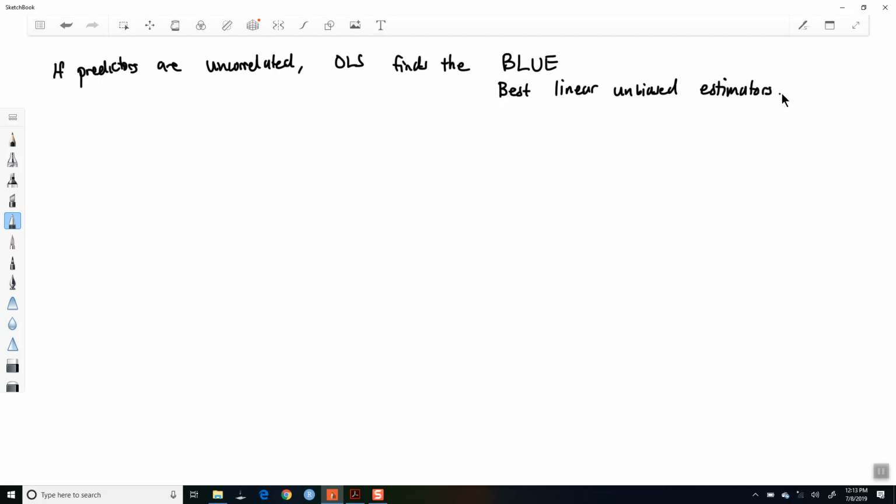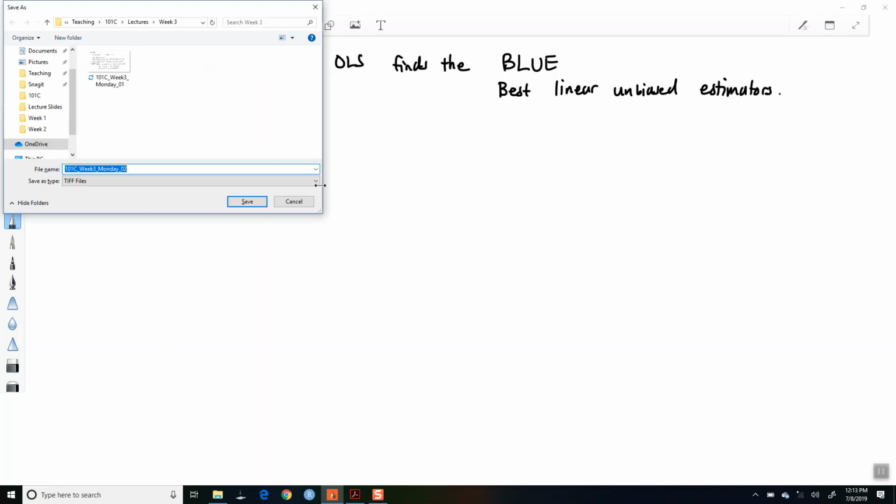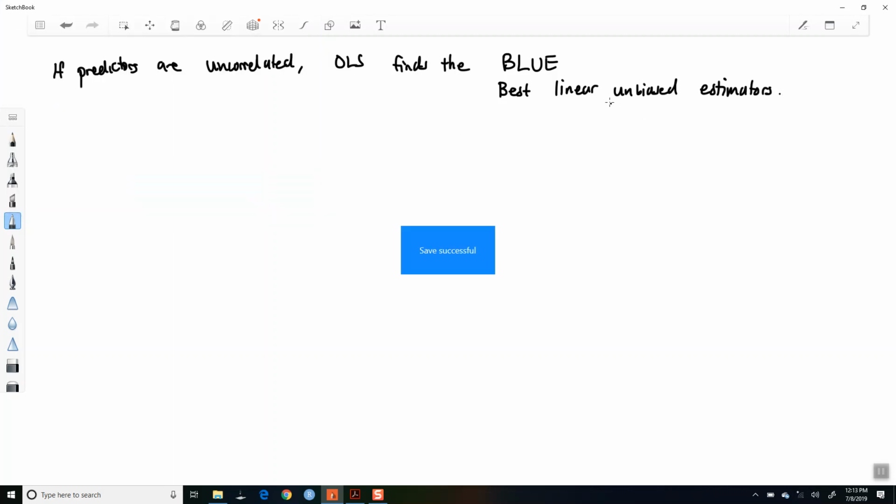And unbiased means what? This means that if somebody else gets a different data set, and somebody else gets a different data set, and we keep using this, then in the long run, the average of all of our estimates will be equal to the true values of these parameters.